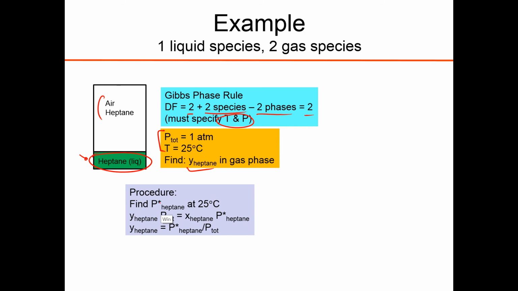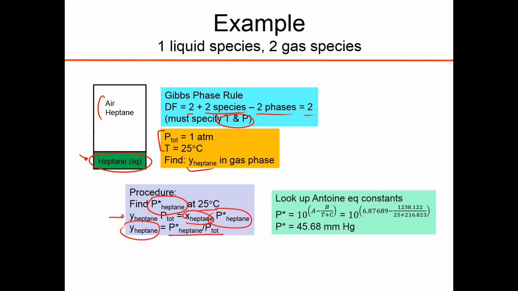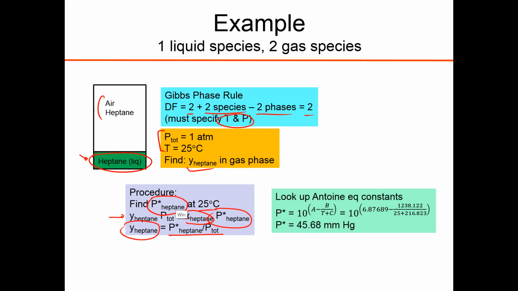First, we'll calculate the vapor pressure of heptane at 25 degrees, and then we'll use Raoult's law, where x is equal to 1. So our y heptane is just equal to the vapor pressure of heptane divided by the total pressure. Let's look up the Antoine coefficients to calculate this vapor pressure first.